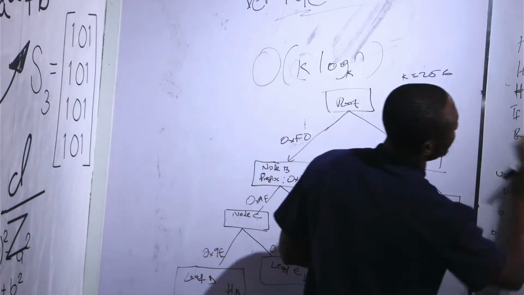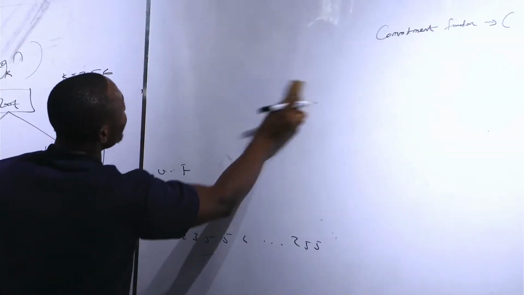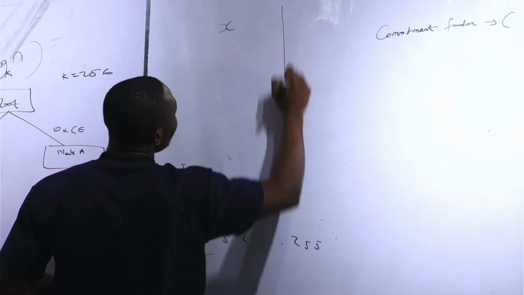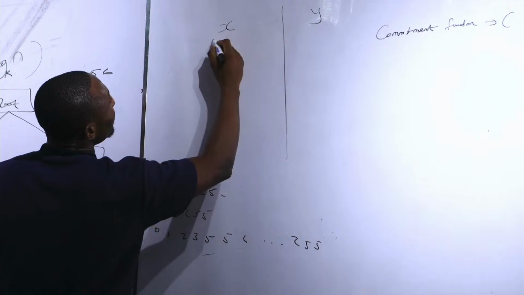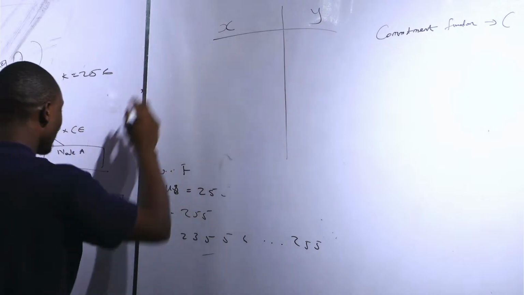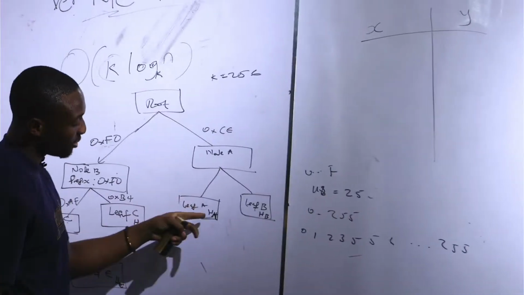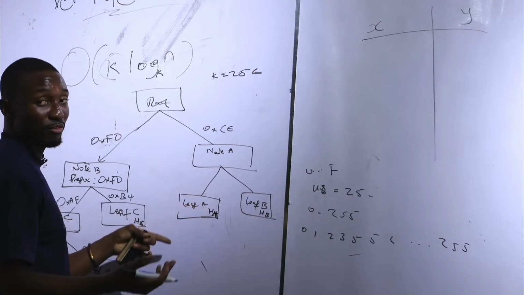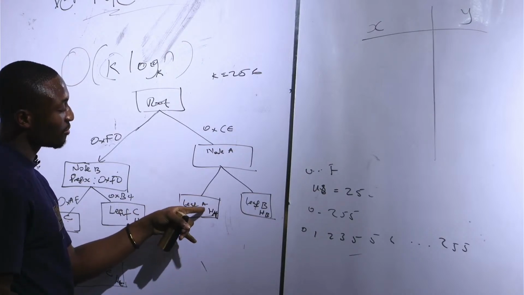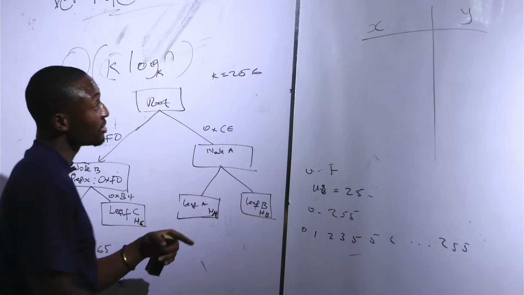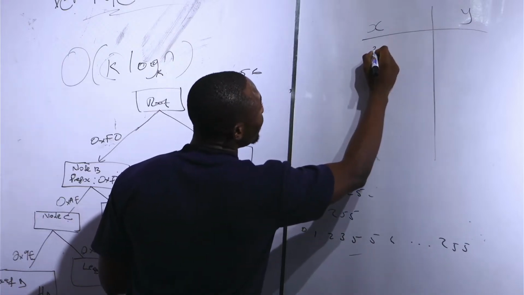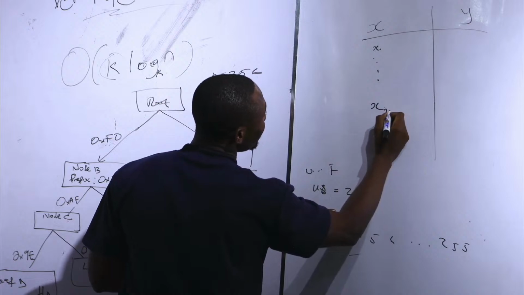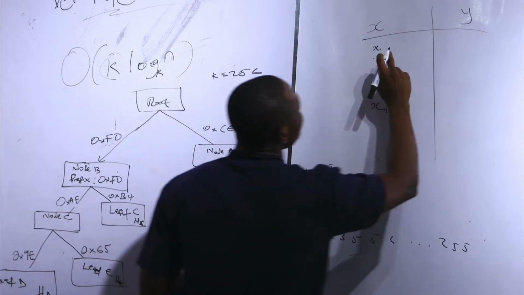So let's say we have x and y values. The x values will be some unique values that, based on our function, represent each of these leaves or each of these hashes. Let's say we have x1 to x(n+1).